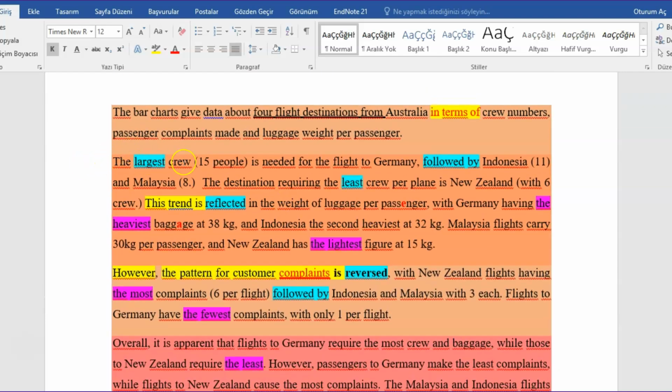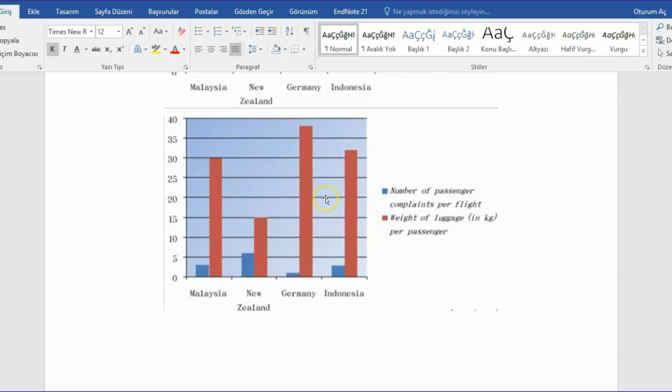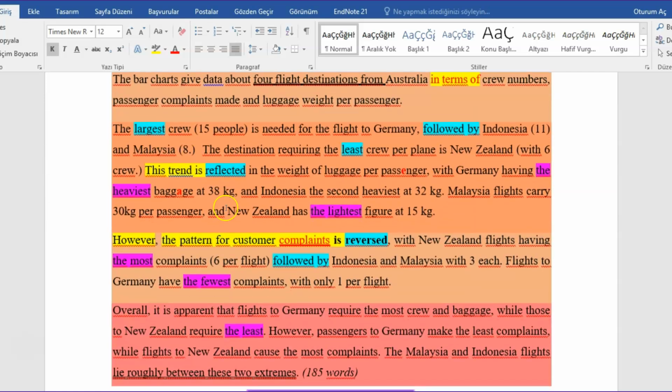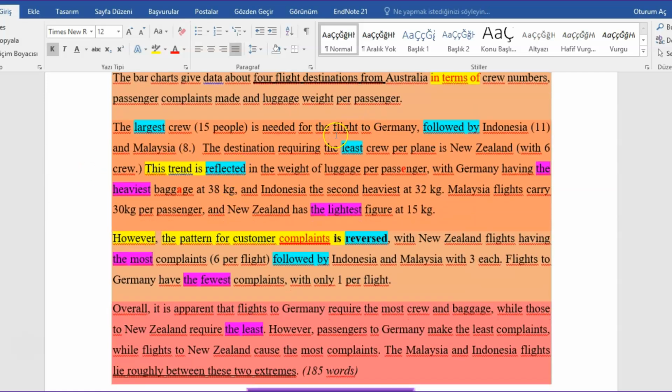The largest crew, almost 15 people, is needed for the flight to Germany, followed by, great vocabulary, Indonesia with 11 and Malaysia with 8. The destination requiring the least crew per plane is New Zealand with 6 crew.